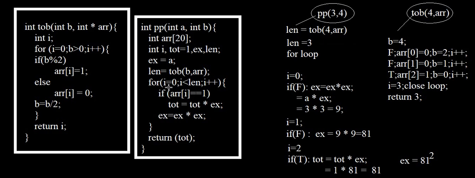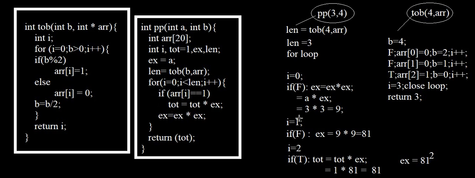We need to execute from I equals to 1 up till I equals to 2, because len equals to 3. Now if you see these statements, array of I equals to 1, when true execute this one, and otherwise you can execute this, because it is not in the if else statement.